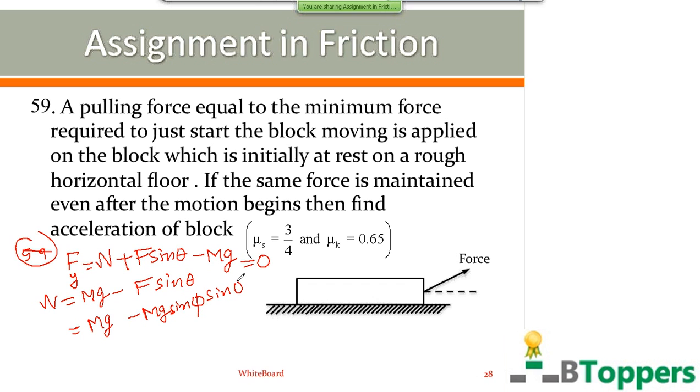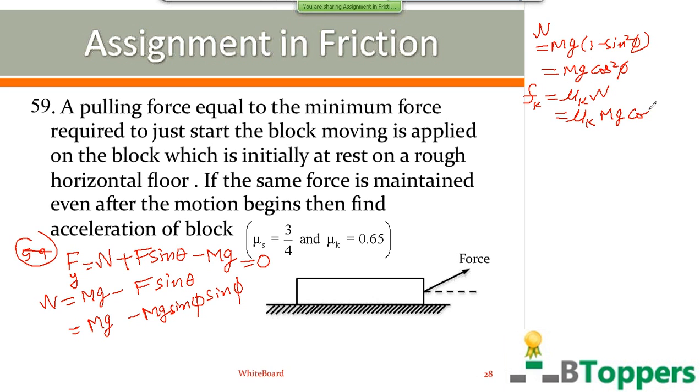So the magnitude of normal reaction on the block will be mg into 1 minus sin square phi, or mg cos square phi. So the magnitude of kinetic friction of the block during the motion is equal to μk into mg cos square phi. Definitely this problem is a bit lengthy compared to the other problems I have done. I am doing it this way keeping in mind all India entrance examinations.